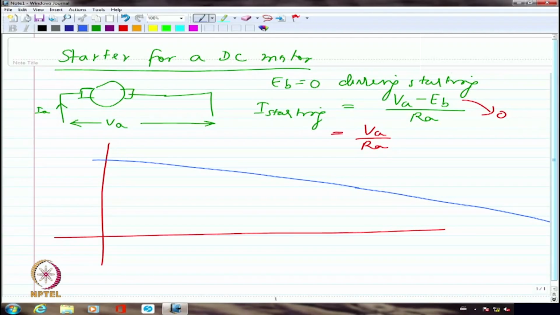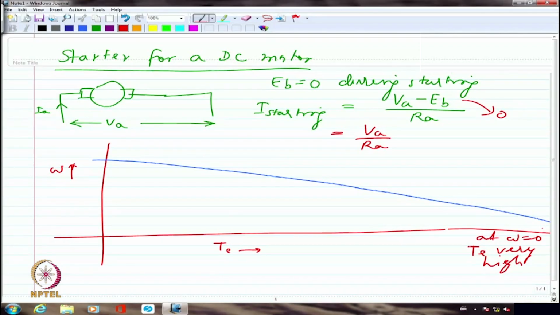If I just extend this further, it will probably intersect beyond the board, and the electromagnetic torque that is developed is going to be enormously high at speed equal to 0. The torque will be somewhere here further. So the torque is going to be very high if I don't include any external resistance.